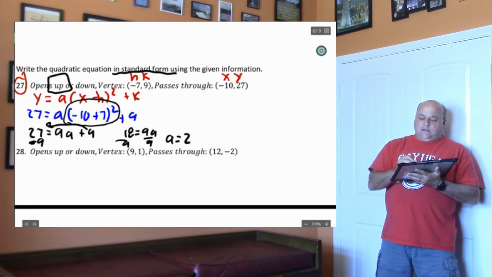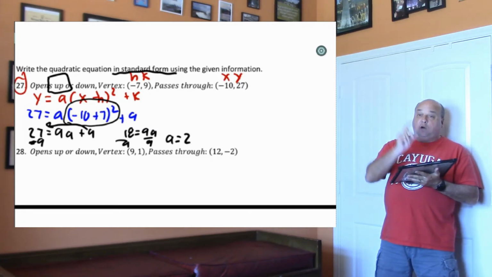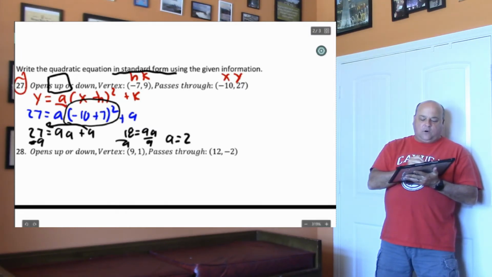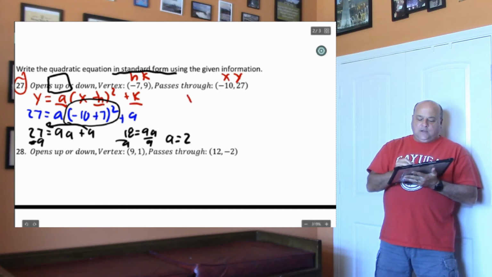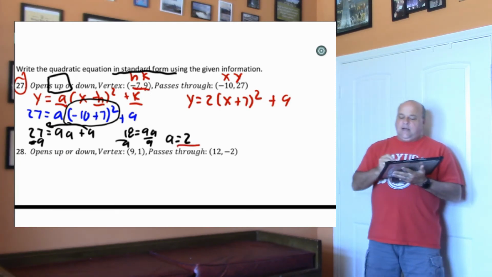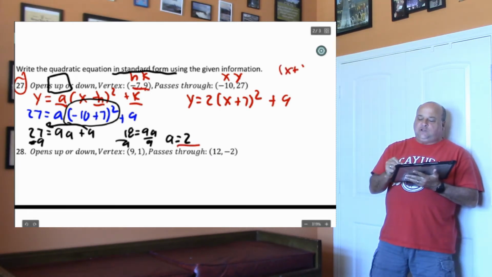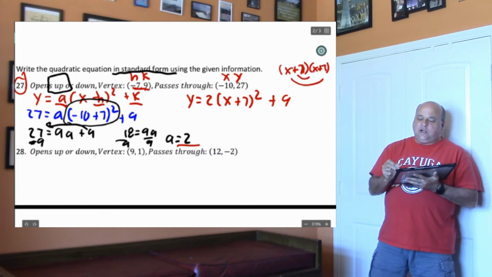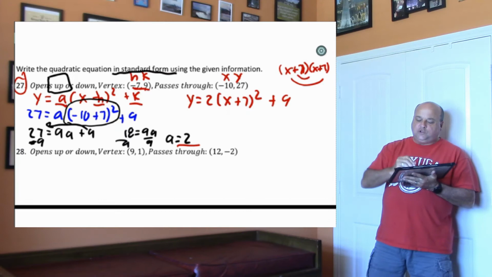So let's rewrite the vertex form, and we're going to fill in for a, the h, and the k. So y equals 2(x plus 7) squared plus 9. So I just filled this in and this in right here, didn't I? Now then I'm going to do x plus 7 squared. Remember, you can write down x plus 7 squared in full. I'm going to do the shortcut.